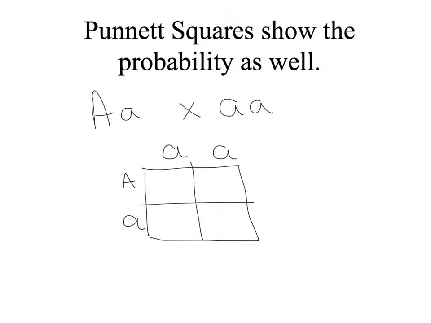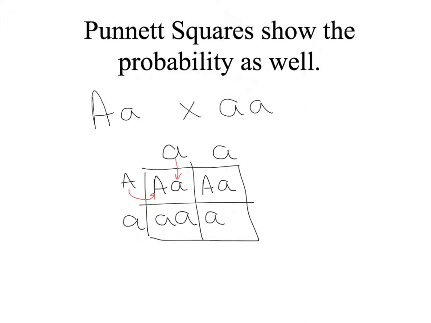From here, we fill in each of our boxes, and this will give us possibilities that we can see in the offspring. So, for each box, we're going to take the letters, top and bottom, from mom and dad, and put them into the box.